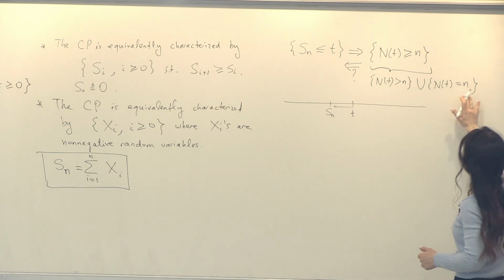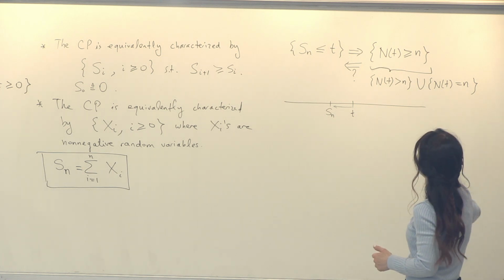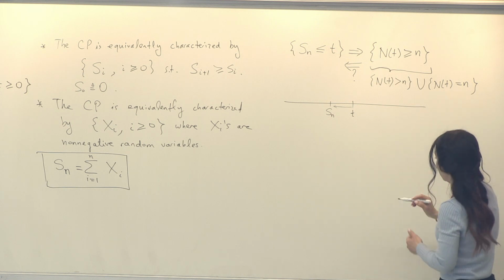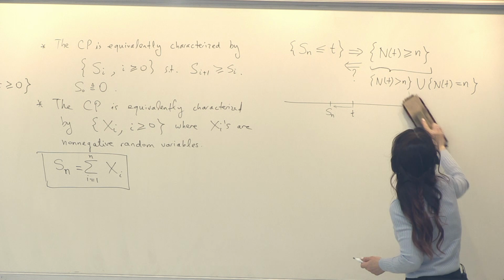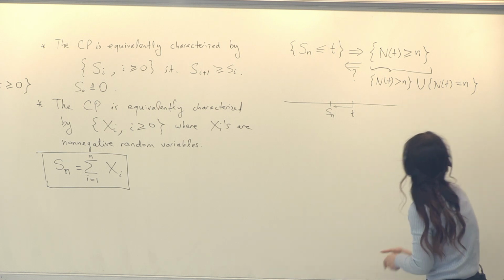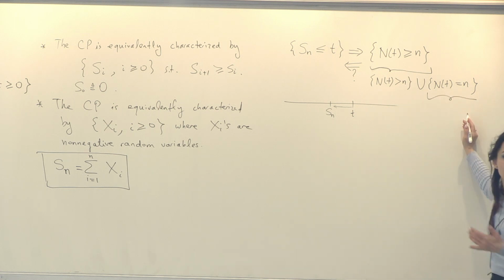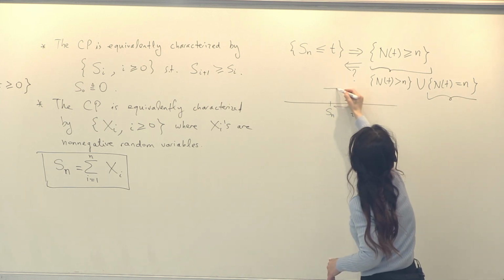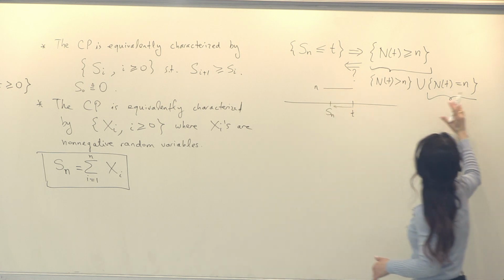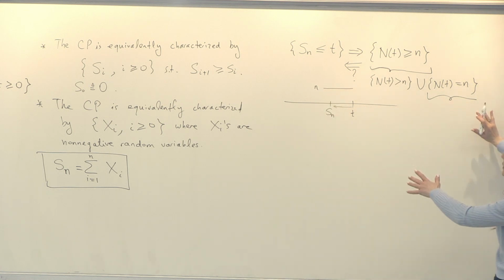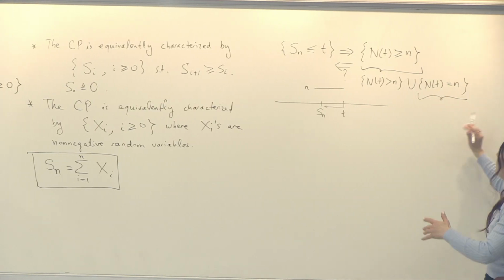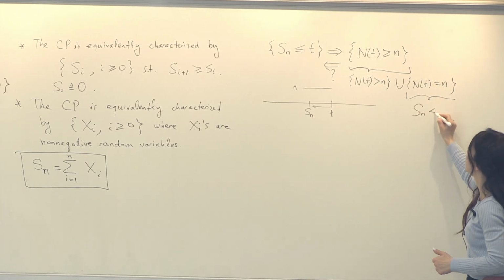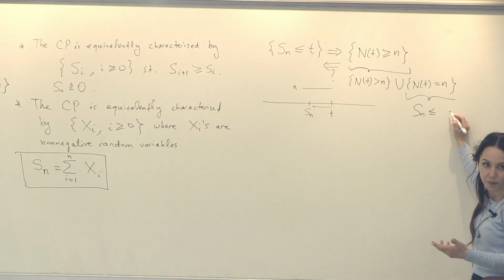In the case that N of t is equal to n, we know that the nth arrival has happened by time t. At time t we have exactly reached the level n. So the nth arrival happened by time t, so Sn is less than or equal to t.